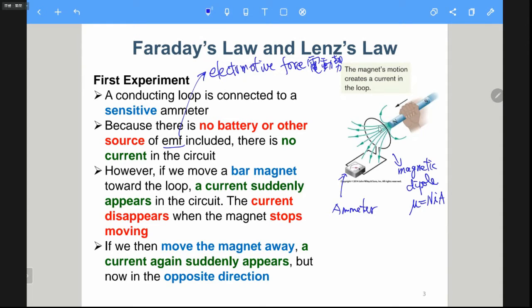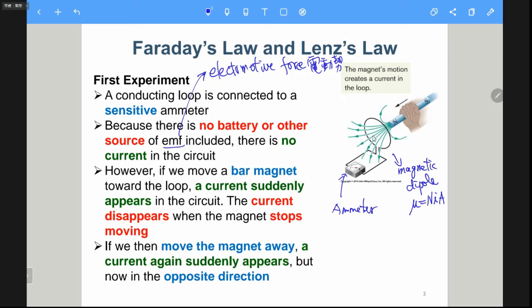So actually this is a circle. It says if we move a bar magnet toward the loop, a current suddenly appears in the circuit. The current disappears when the magnet stops moving. So it depends on the motion of this magnet bar. If we then move the magnet away, the current again suddenly appears, but now in the opposite direction.